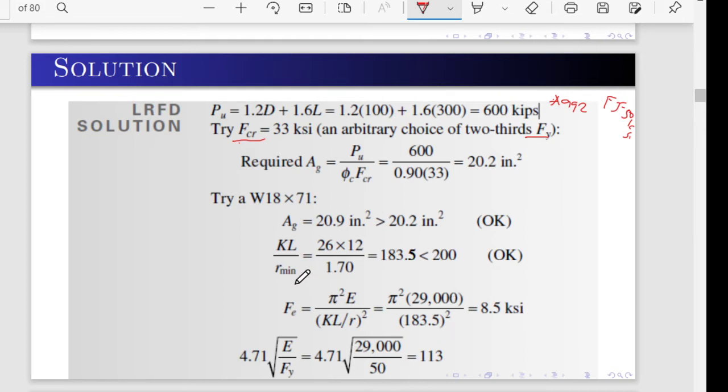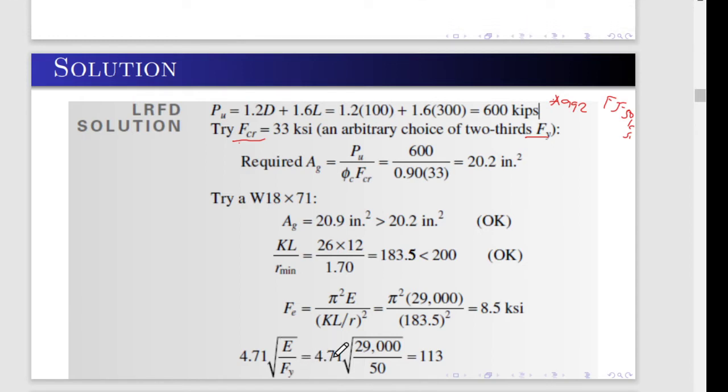Then check and compute for 4.71 square root of E over Fy. If you remember in our previous videos, at the beginning of this topic on compression members, we evaluate this KL over r compared to 4.71 square root of E over Fy.